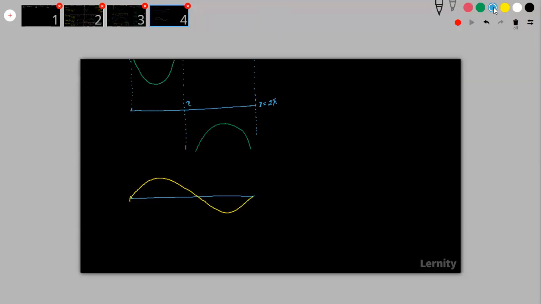This is x equals 2 pi, this is x equals pi, and this is x equals 0. Fine. So here it is upward and here it will be downward. This will move up to infinity, similar to the tan curve, if you are able to understand the tan curve. Again there will be a gap. Here there will be a gap.